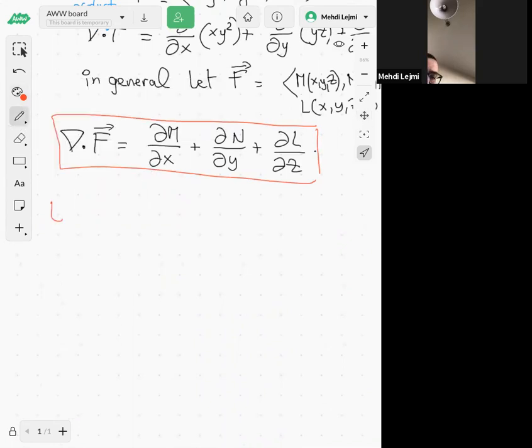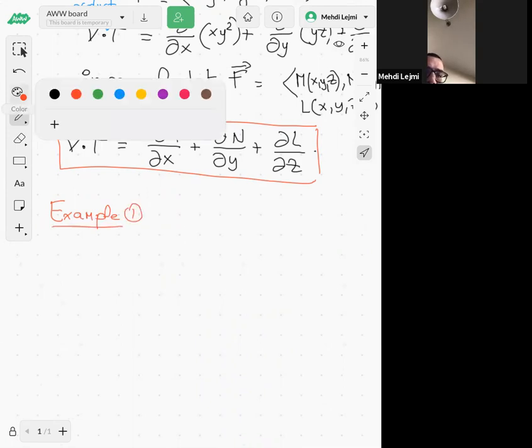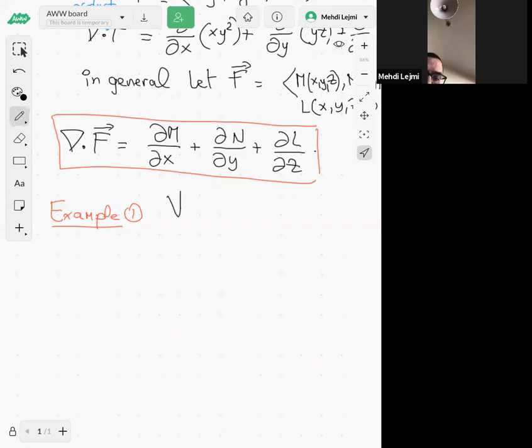Example 1. We're going to have two or three examples, and then I'll give you an exercise. In this first example, we're going to try to verify Gauss divergence theorem.